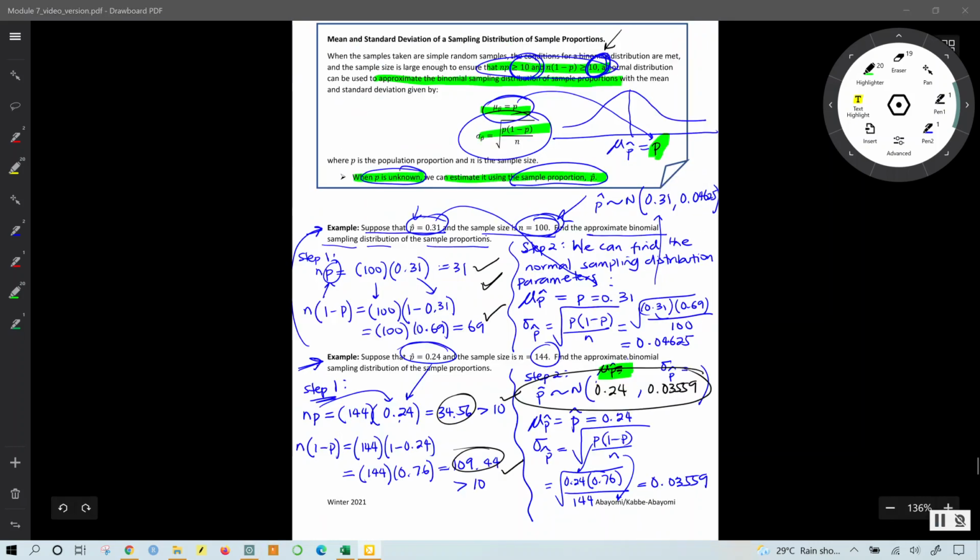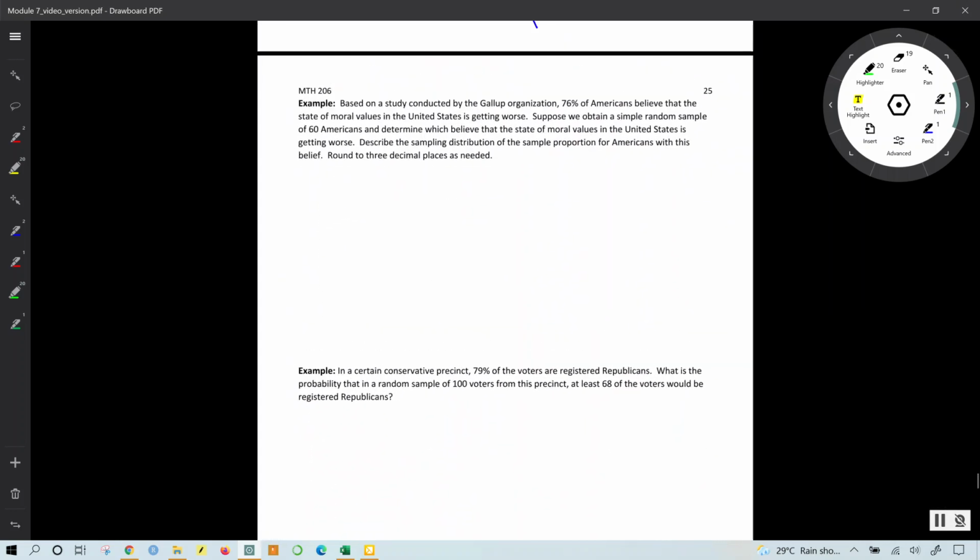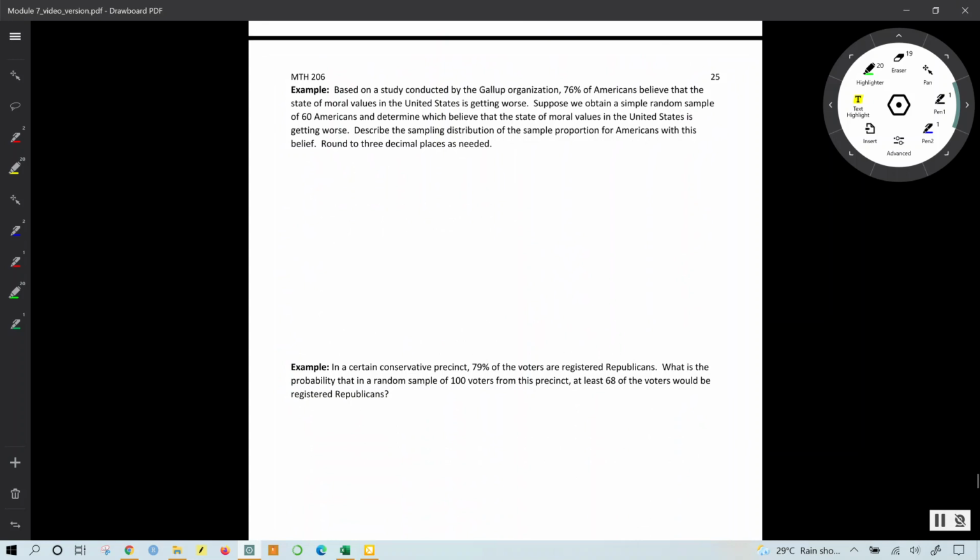So now that we have gone through the basics of how to find the sampling distribution of the sample proportion, we're going to move ahead and consider real-life problems that can be solved with this knowledge. So let's begin.